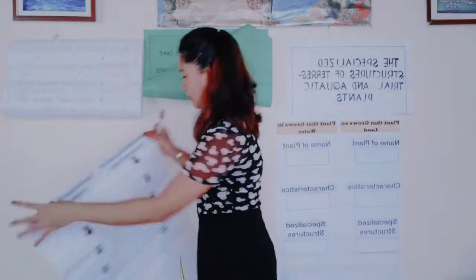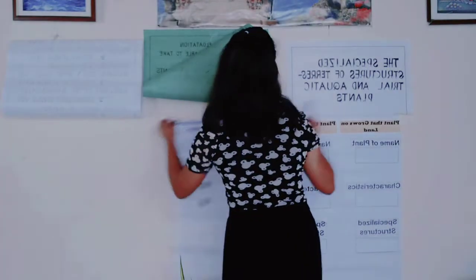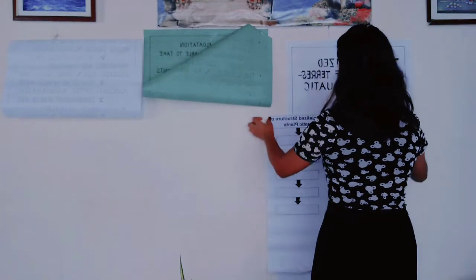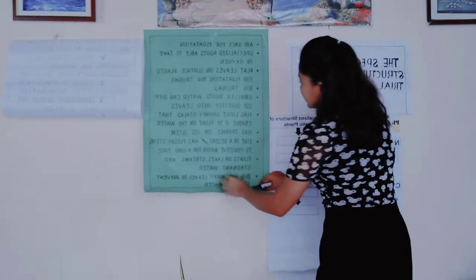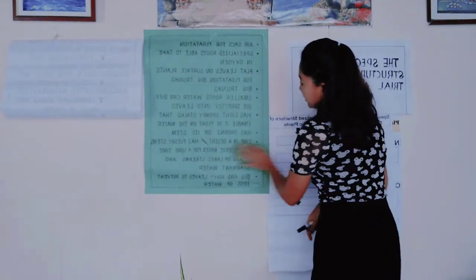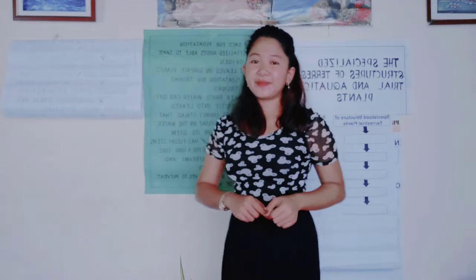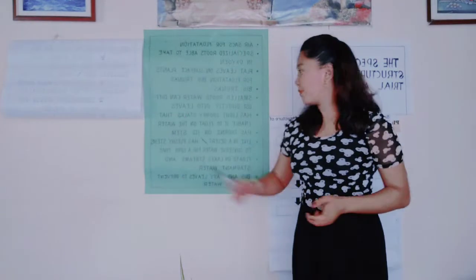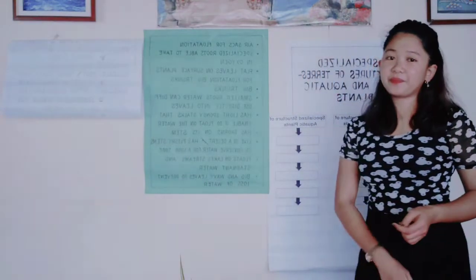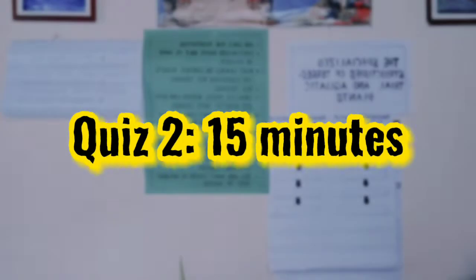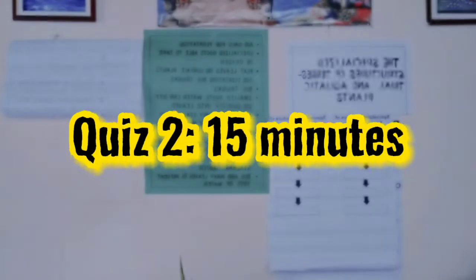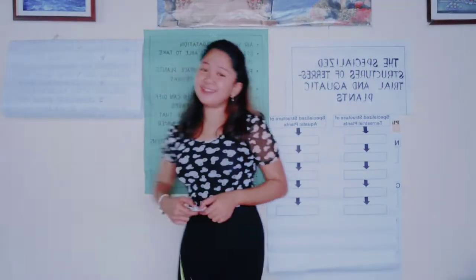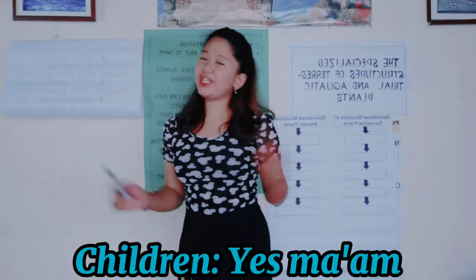So, here is the graphic organizer. Here is the list. So, you can read it and answer it. Now, I will give you time to answer these questions. Are you finished, children? Very good.